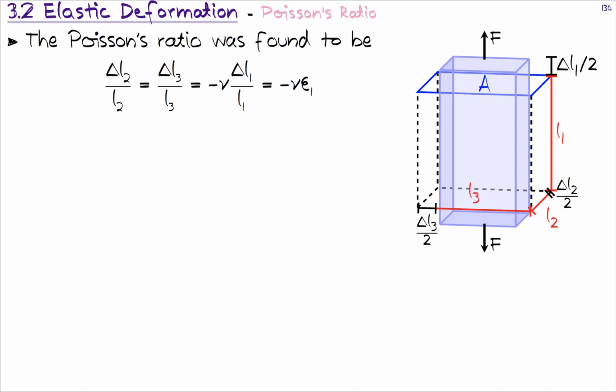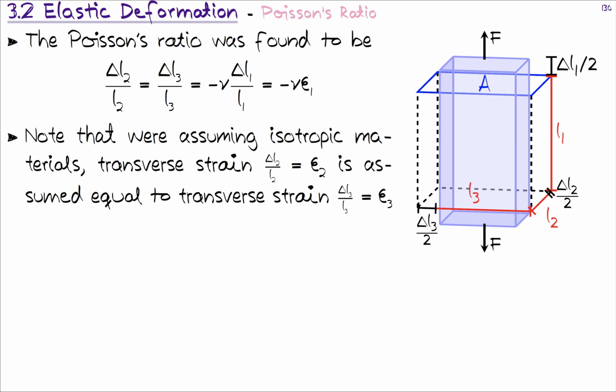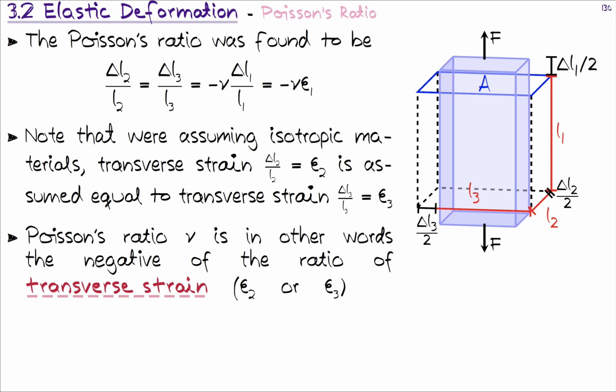So we found the Poisson's ratio to be of this type of an equation. And please note here that we are really assuming an isotropic material. And this forces the transverse strain epsilon 2 to be equal to the other transverse strain, epsilon 3. And now the Poisson's ratio nu is, in other words, the negative of the ratio of the transverse strain, so either epsilon 2 or epsilon 3, with respect to the axial strain epsilon 1.